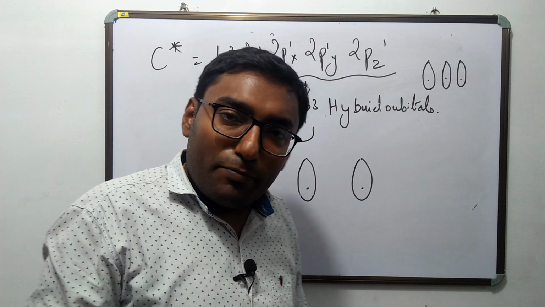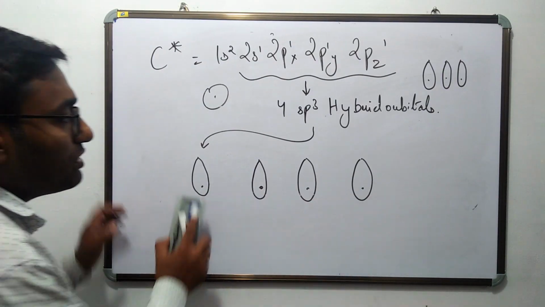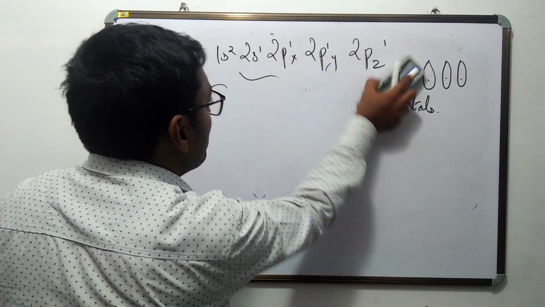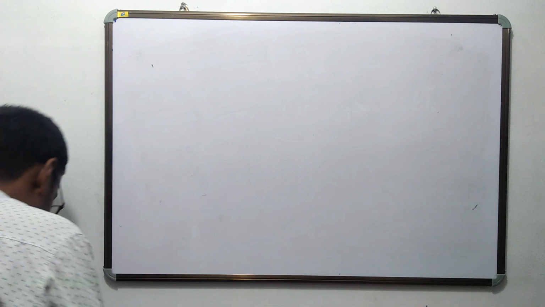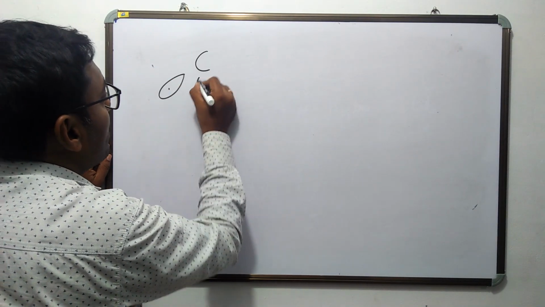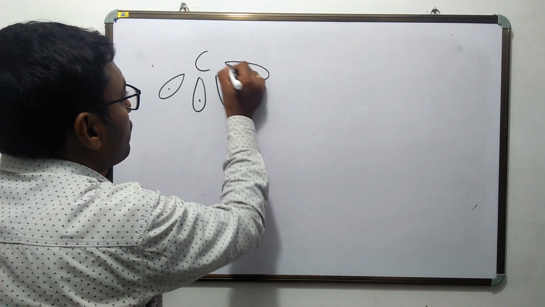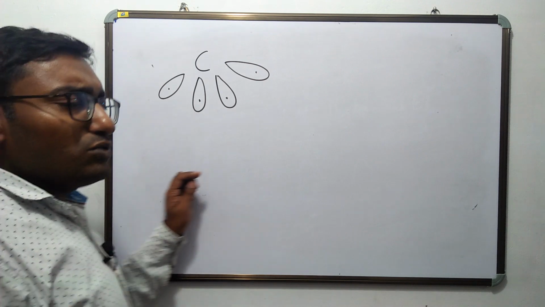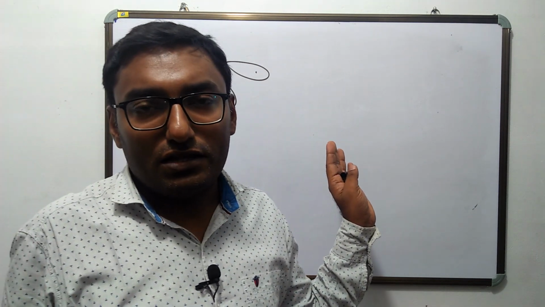Okay, let's get back. The 4 new hybrid orbitals are already formed. I am going to draw the 4 new hybrid orbitals of carbon. Here 1, 2, 3, 4. What do you think? Whether it will remain like this? Never.